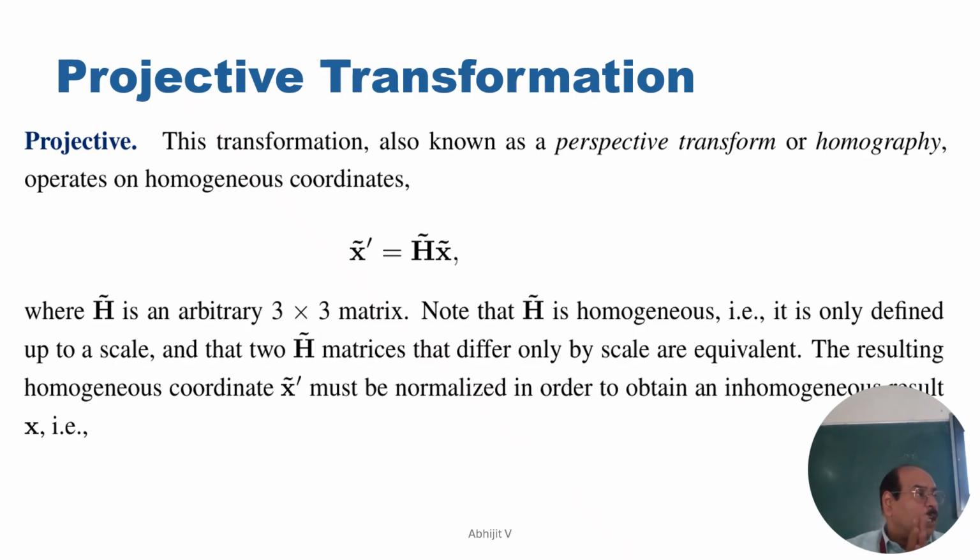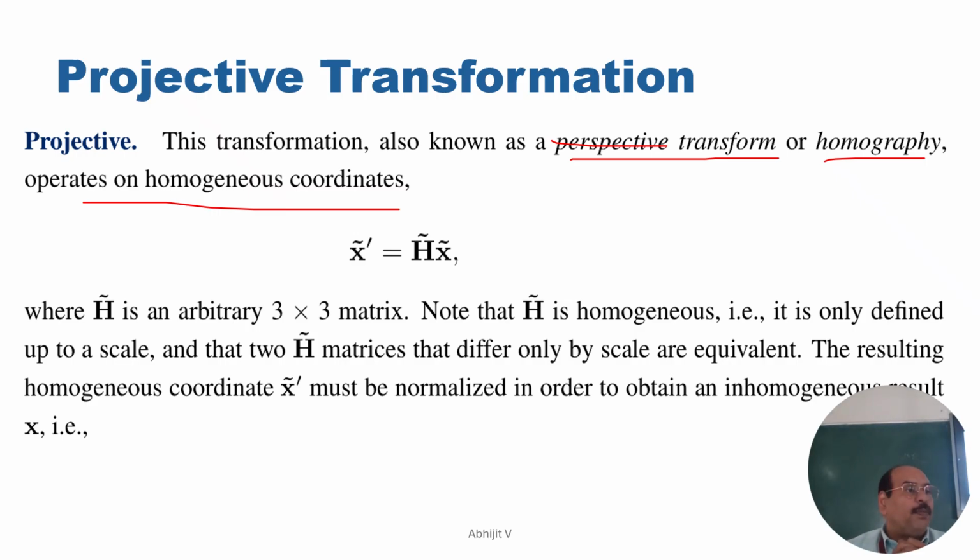Next, and the last type of transformation that we are going to see is known as projective transformation. It's also known as perspective transformation. It's also known as perspective transform homography, and it operates on homogeneous coordinates.